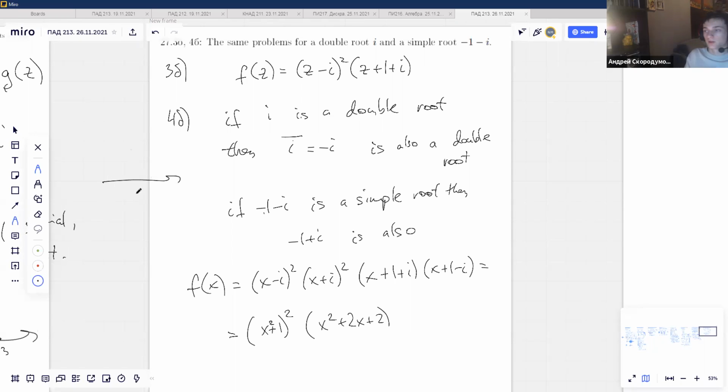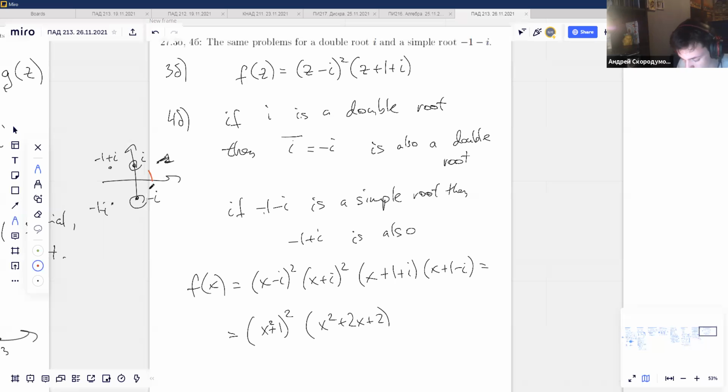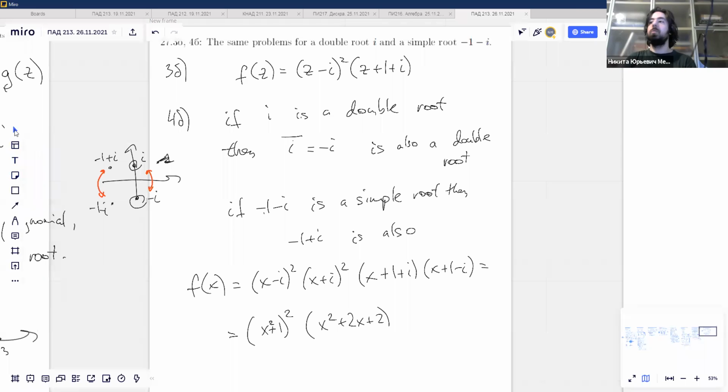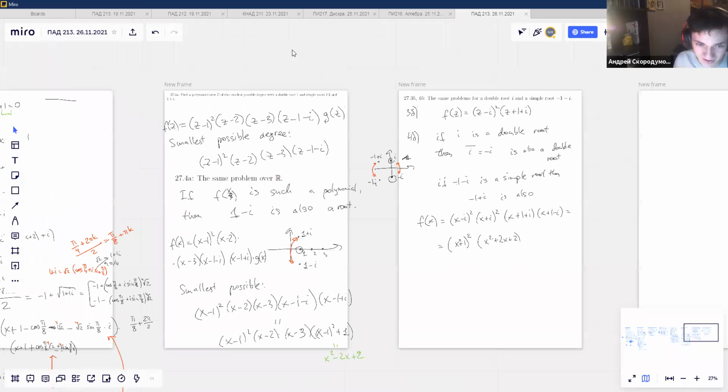Okay. And can I have one more question about the first task? I just didn't get how we came from 512 to 1024. Oh, that was long ago. It was the first task.